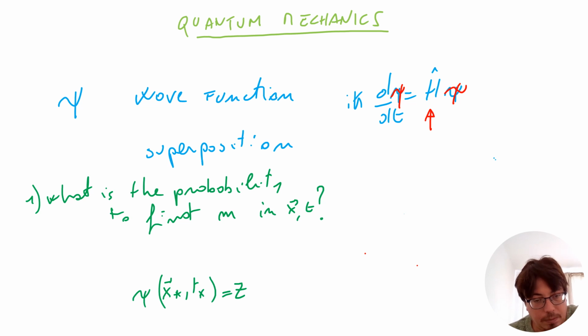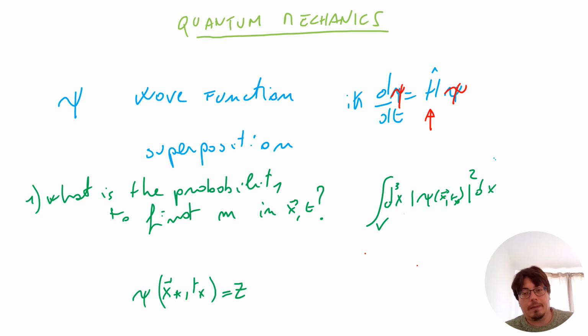But how do we get to these probabilities? It's quite easy. Suppose you want to know the position around a small volume, then you integrate the modulus square of your wave function at time t around this volume, with x varying in the volume, and this is the modulus square.